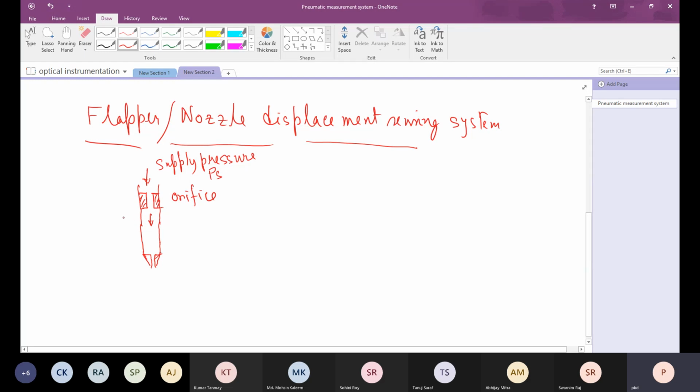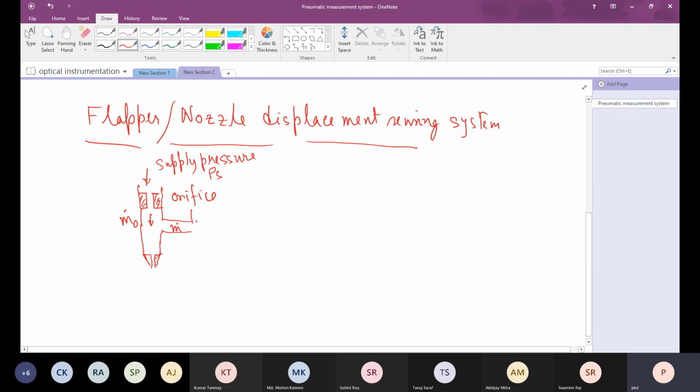Correspondingly, there will be a mass flow. Then there is an output port.